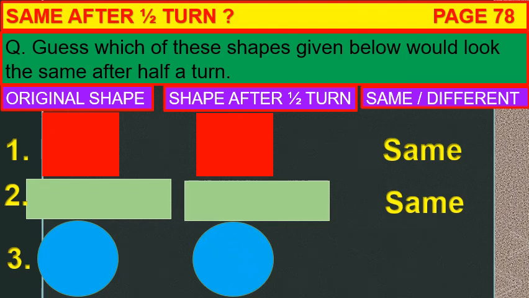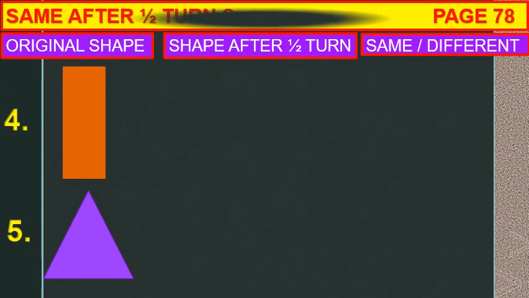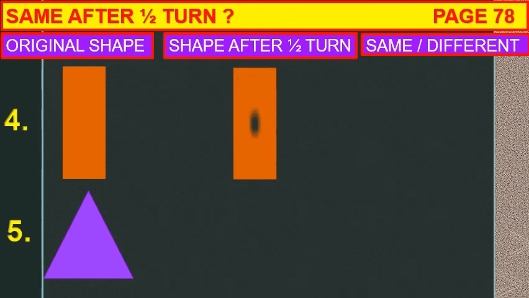A circle looks the same after a half turn. Fourth one is a rectangle. And this is the rectangle formed after a half turn. Both are the same.